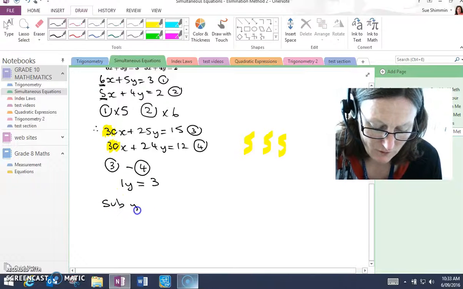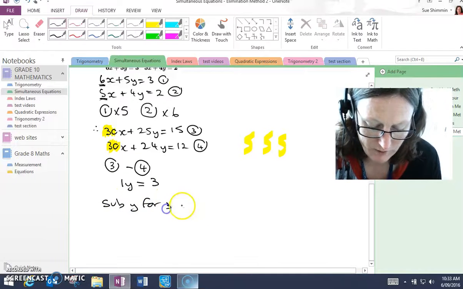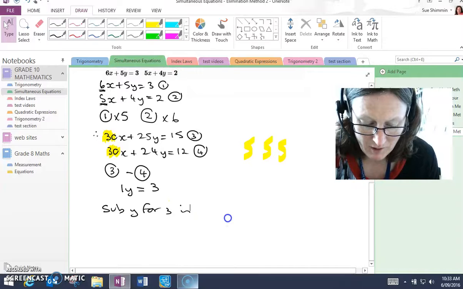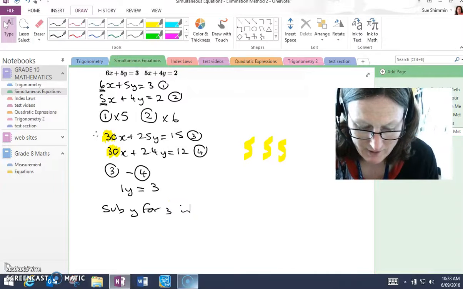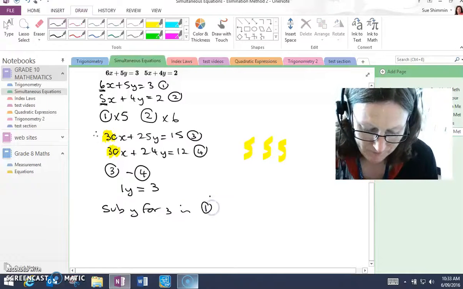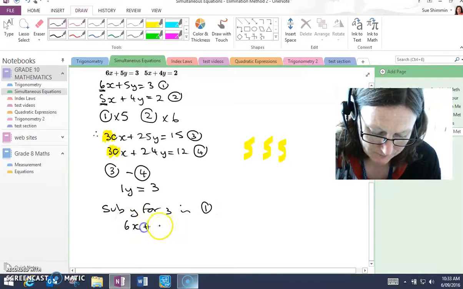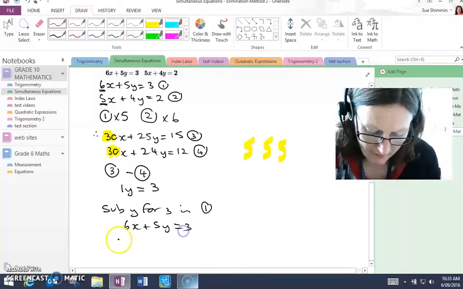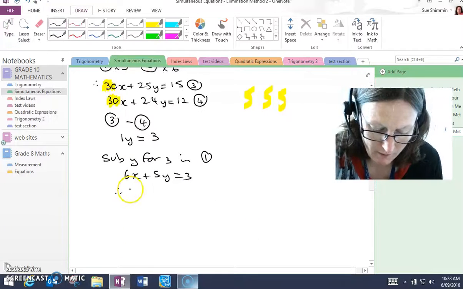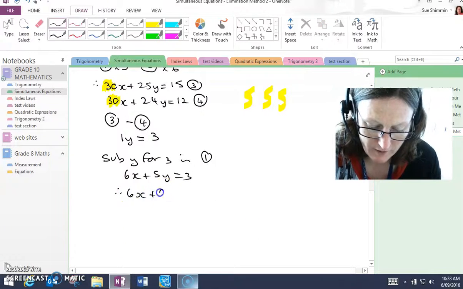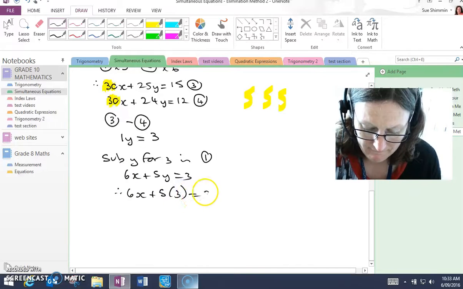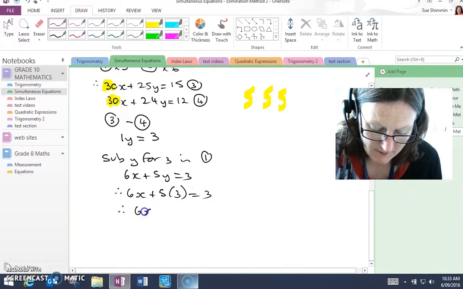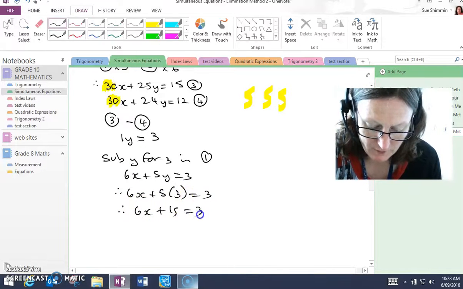Let's substitute y for 3 in one of the original equations. They both look similarly easy to me, so I'll just do it in number 1. So here's equation 1. And where we see y, we're going to put 3, because we've just said y is 3. So 6x plus 15 is equal to 3.